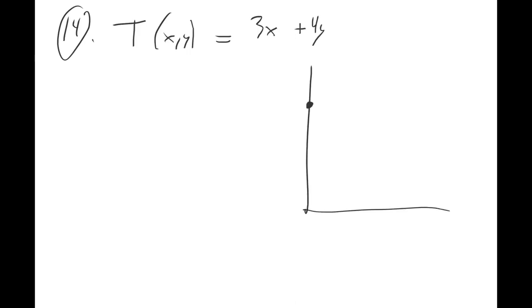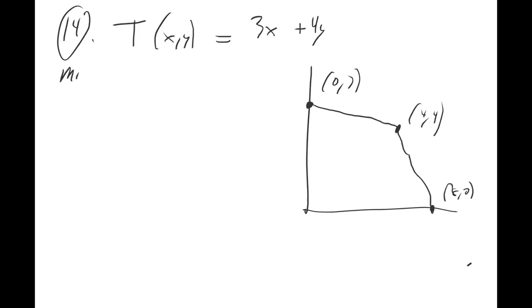And it says the points 0, 7, 4, 4, and 8, 0. And so what this says is find the maximum, not the maximum, find the minimum value of this on the given region. So let's see.